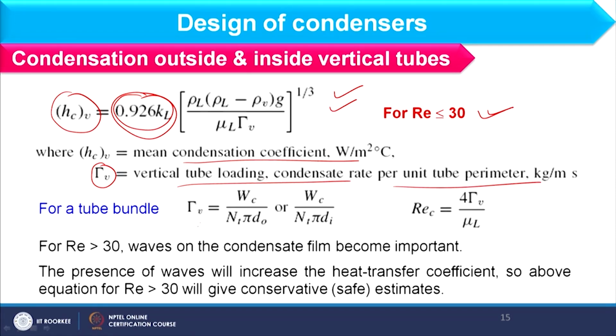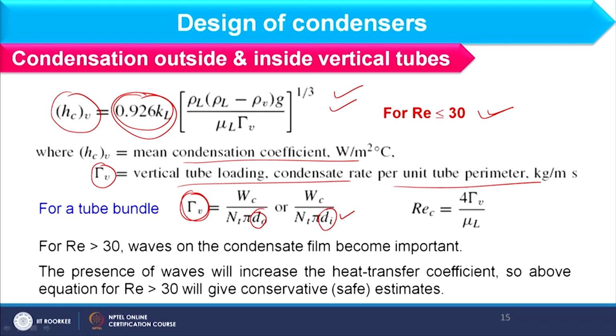For the tube bundle, we can consider gamma_V equal to W_C by N_T pi D_o, and again we can consider this as W_C by N_T pi D_i, right. So here I have D_o and here I have D_i.